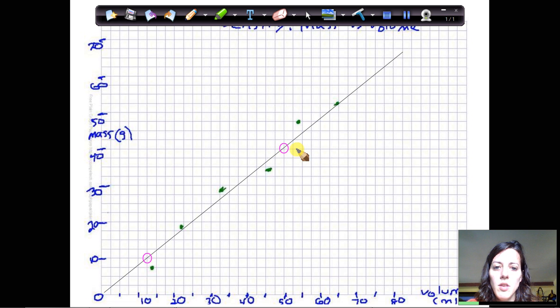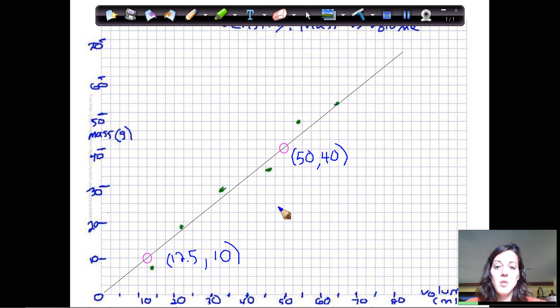So we would mark that spot as 50/40. And then our other point on the graph, the x value is 12.5. And the corresponding y spot, y is 10.